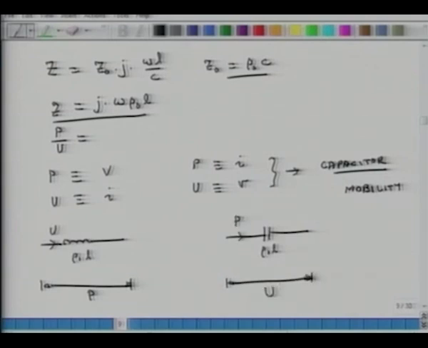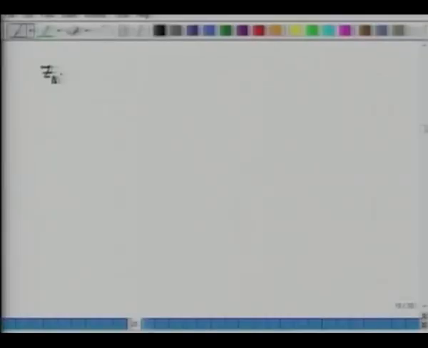So now we introduce a term which we have talked about earlier, but we will revisit that, and that is ZA, or acoustic impedance. Again, it could be a function of x and omega. It is a function of pressure, which is again dependent on x and omega, and volume velocity.